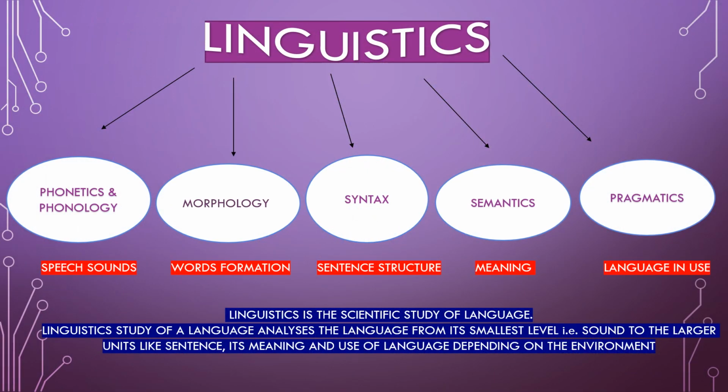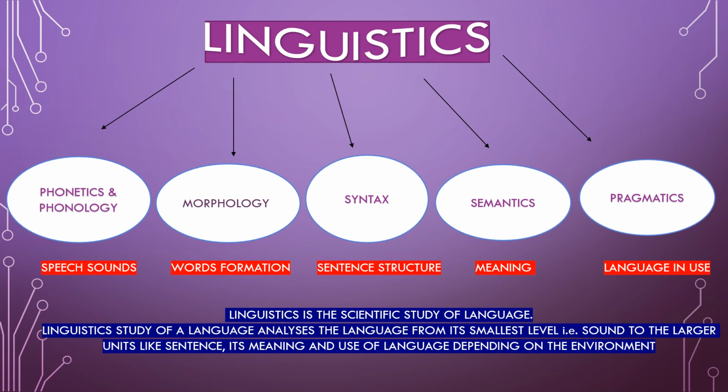Before we jump directly to our topic, first let us see how these terms are linked to linguistics. Linguistics, as you know, is the scientific study of language. Phonetics and phonology, morphology, syntax, semantics, and pragmatics constitute the principal levels of linguistics.